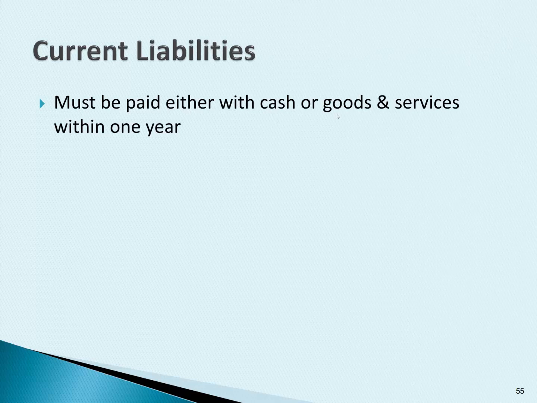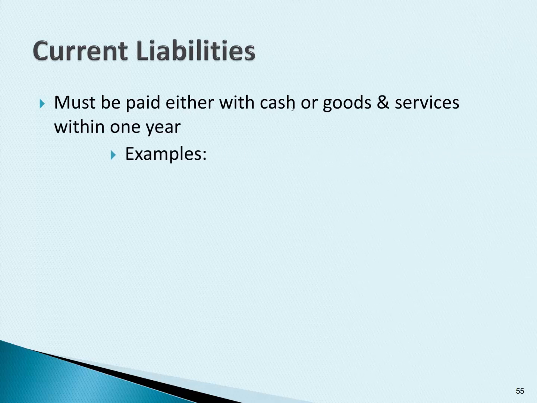So technically, unearned revenue is a liability. If we expect to give that product or service within the next year, then that liability would be considered a current liability. But when we're talking about current liabilities, most of them are liabilities that we will pay with cash within the next 12 months.